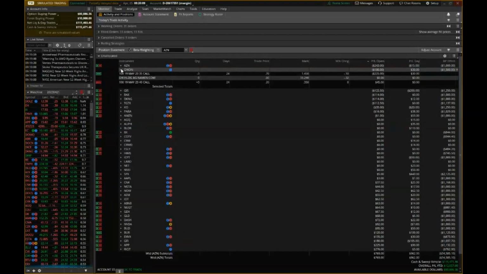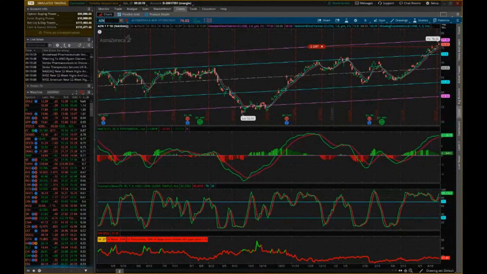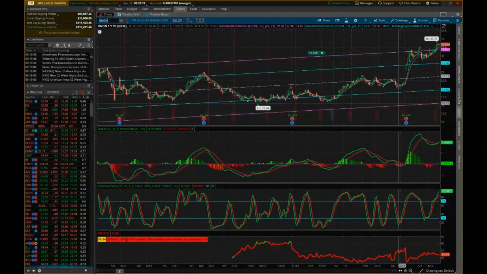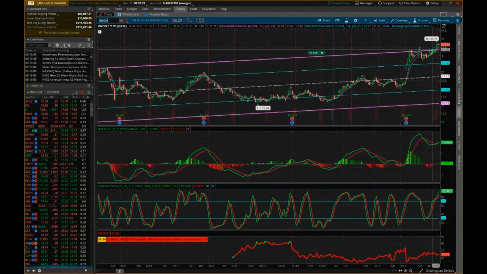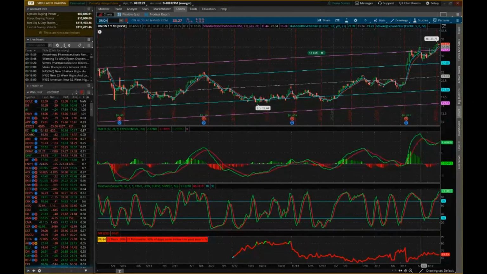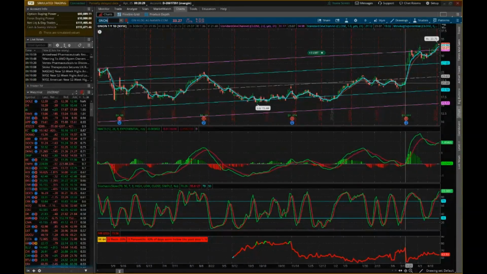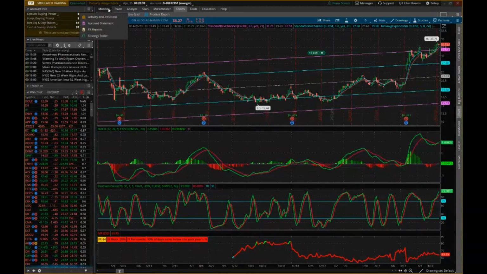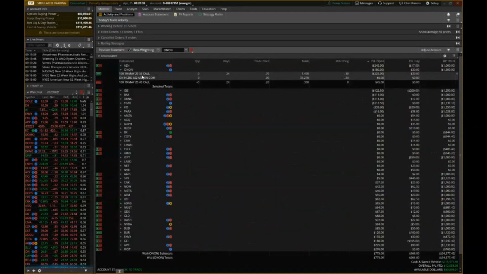Now let's move to our next biggest loser. On. Got a 35 call. Okay, so not in the money, but we don't need to roll this, but I'm curious what kind of credit we can take in.